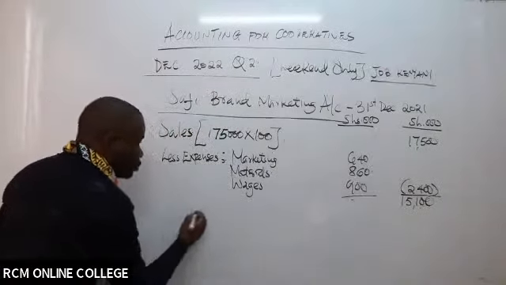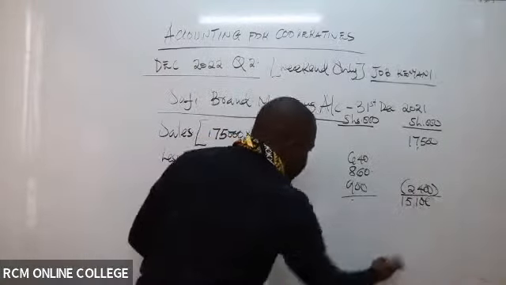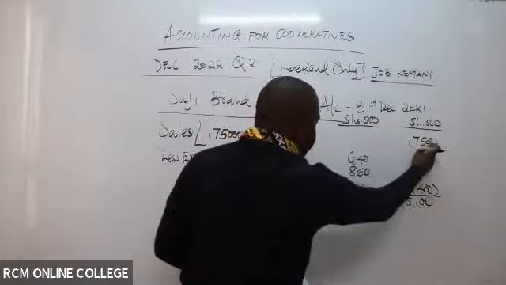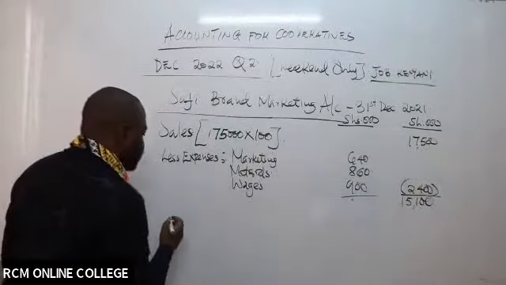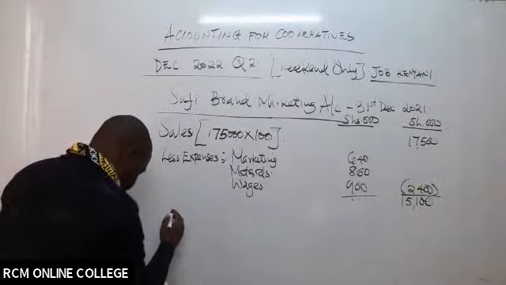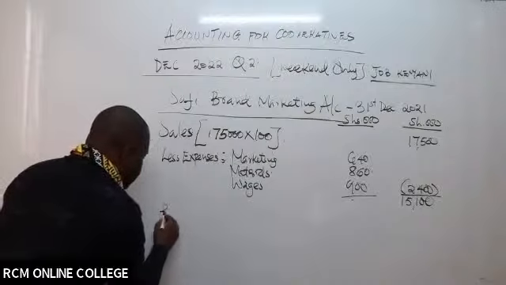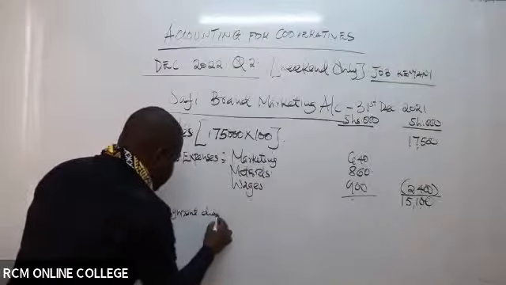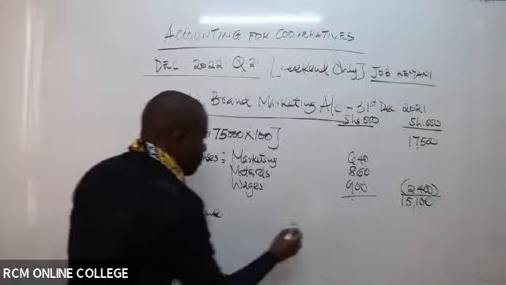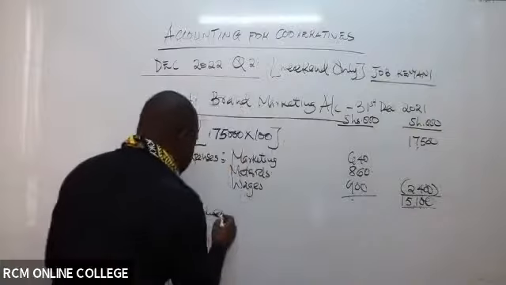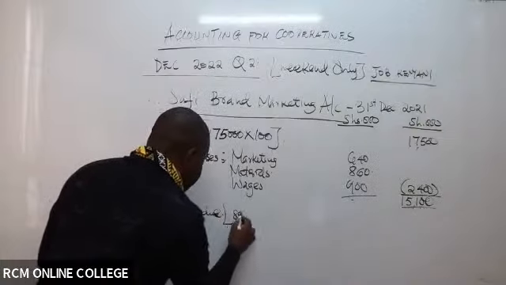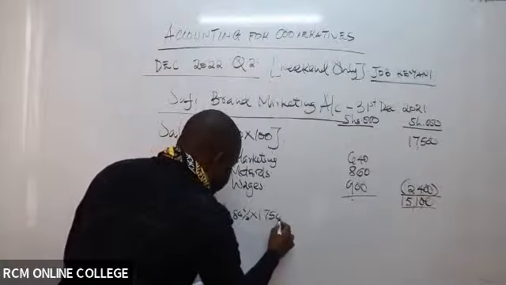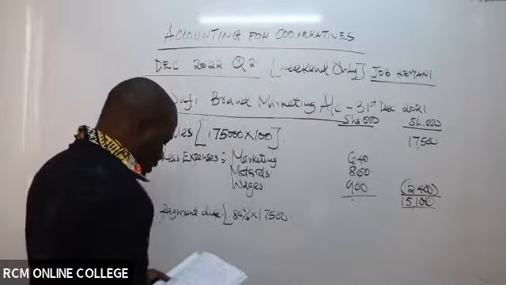So out of the sales, 80% will have to be paid out. So we have payment due to members out of the sales, which will be 80% multiplied by 17,500.